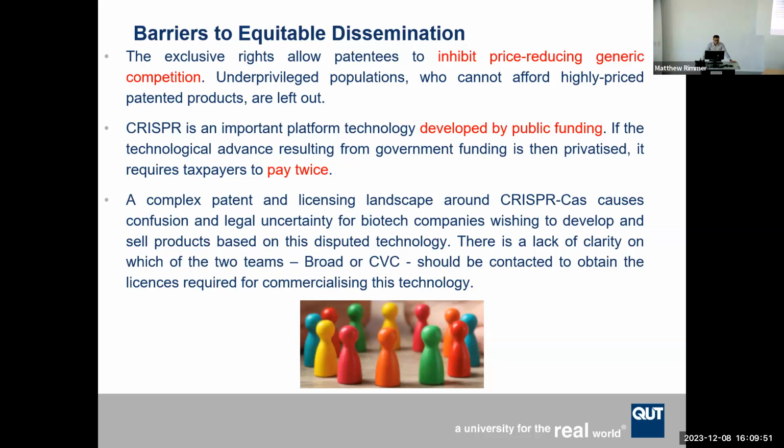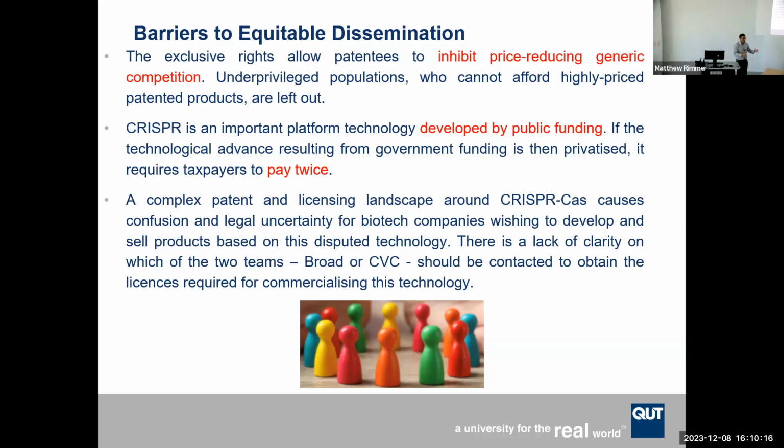A complex patent and licensing landscape around CRISPR-Cas causes confusion and legal uncertainty for biotech companies wishing to develop and sell products based on this disputed technology. There is a lack of clarity on which of the two teams, Broad or CVC, should be contacted to obtain the licenses required for commercializing this technology.